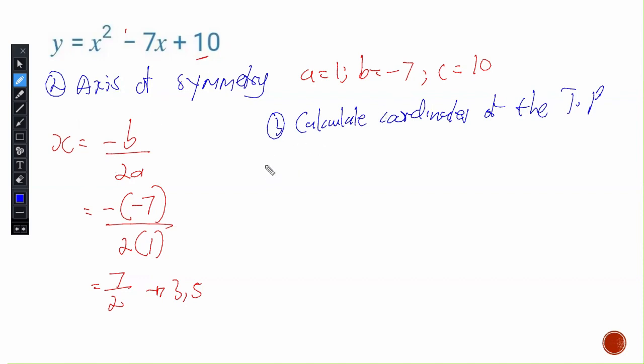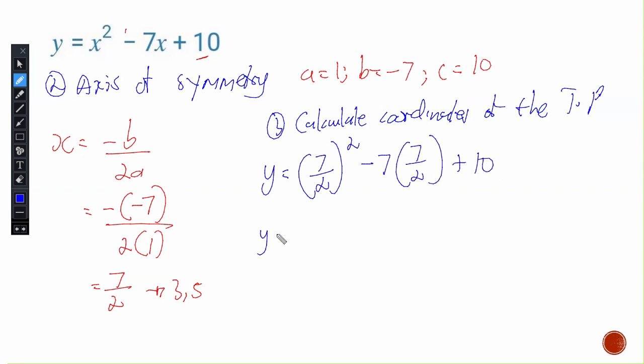So it's a matter of substituting the 7/2, that axis of symmetry, where there is x. With your calculator, you simply punch all of this in. So we have that.